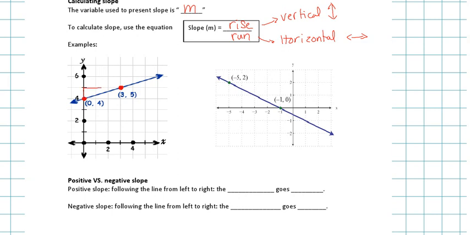What's your run? 1, 2, 3. So what would be your slope for this? What did you say the formula for slope is? Rise over run. What's my rise? 1. What's my run? 3. So your slope, which is M, is 1 over 3. Okay? Go up 1 over 3.